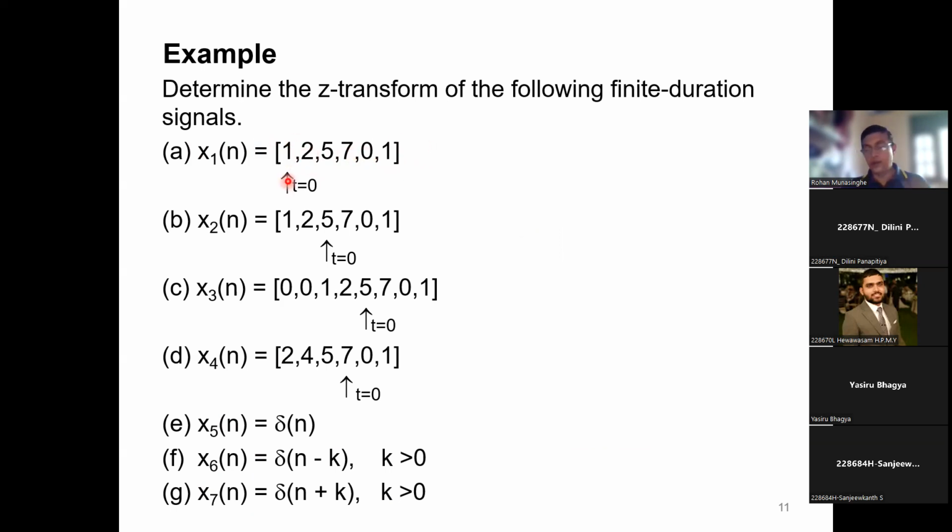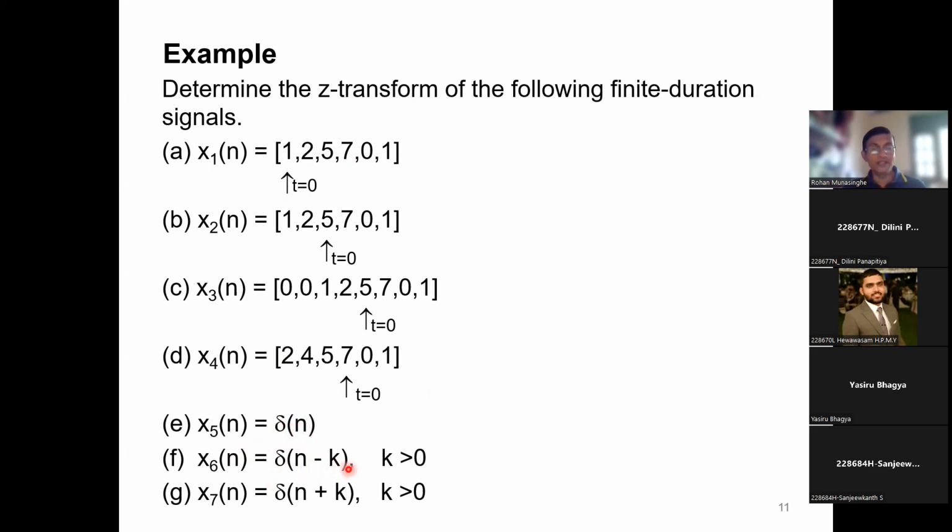And you see this upward arrow, and that is time 0, t equals 0. This is the t equals 0 position. This is t equals 1, 2, 3, 4, 5. So you can say this is k equals 0 if you want. Now here you have the delta function, delta n.